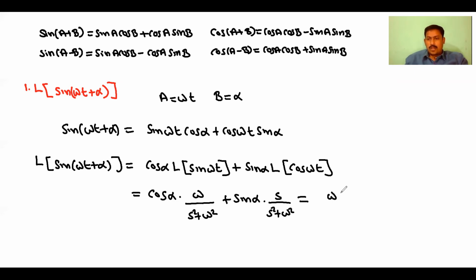Therefore, omega into cos alpha plus s into sine alpha, whole thing divided by s square plus omega square, is the required answer. If we are asked problems like this, use the above formula and simplify it, take the constant term out, and apply the Laplace transformation only for the functions.